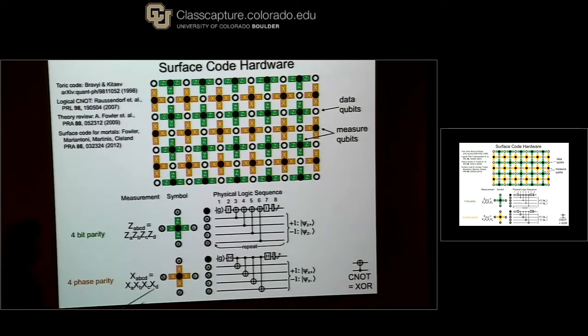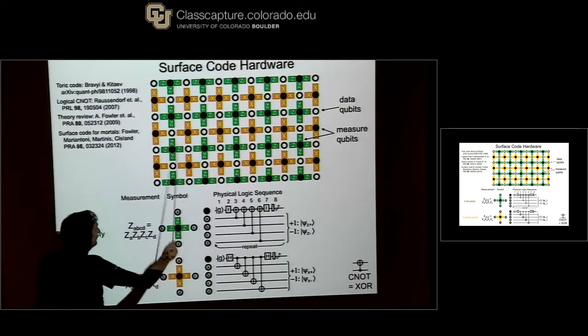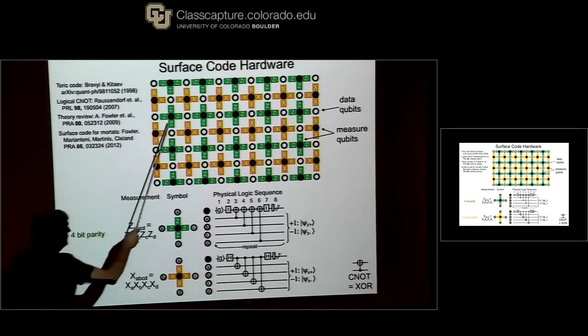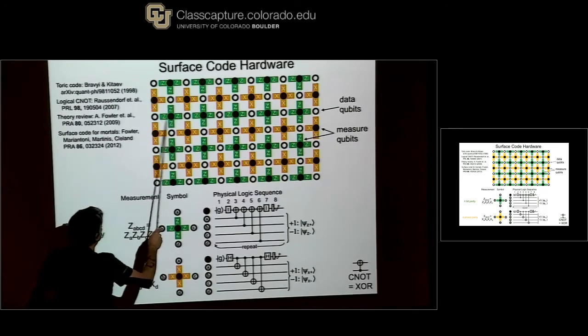And then what we're doing is we're running a cycle of gates through here according to whether it's a 4-bit parity, a bit parity, or a 4-phase parity, blue or yellow. So let's take, for example, this measurement qubit right here, which is measuring these 4 around it.